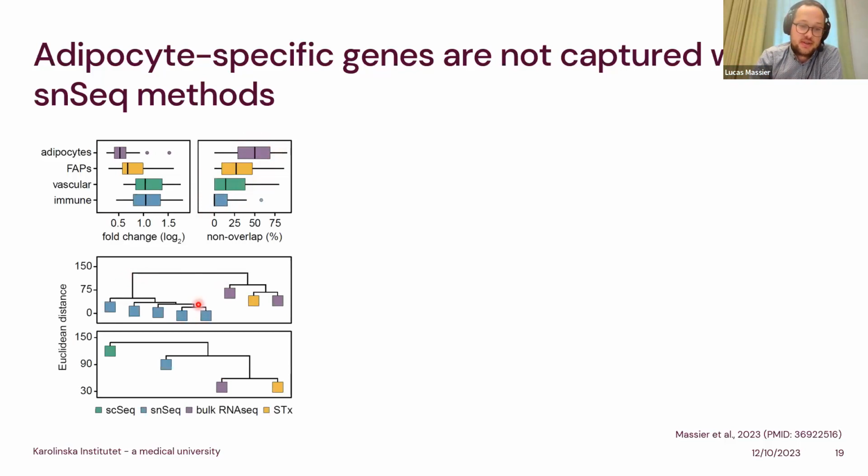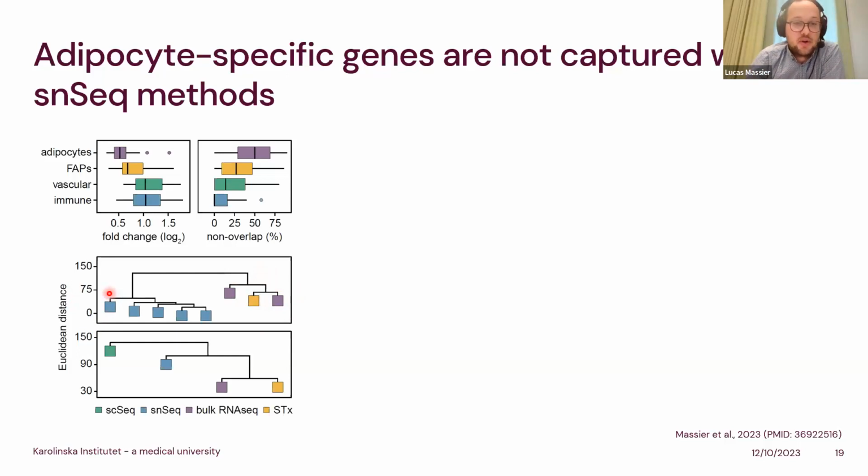We also compared the single nuclei sequencing data, specifically of the adipocytes, to bulk sequencing data of isolated adipocytes, and also to the adipocyte sequencing information from our spatial transcriptomics cohort. And we found that the bulk isolated adipocyte data and spatial are more similar compared to the single nuclei data.